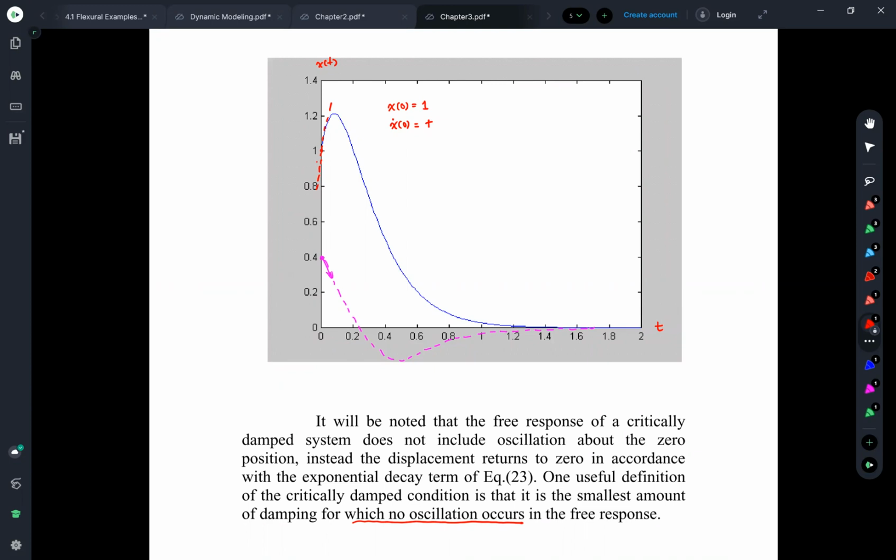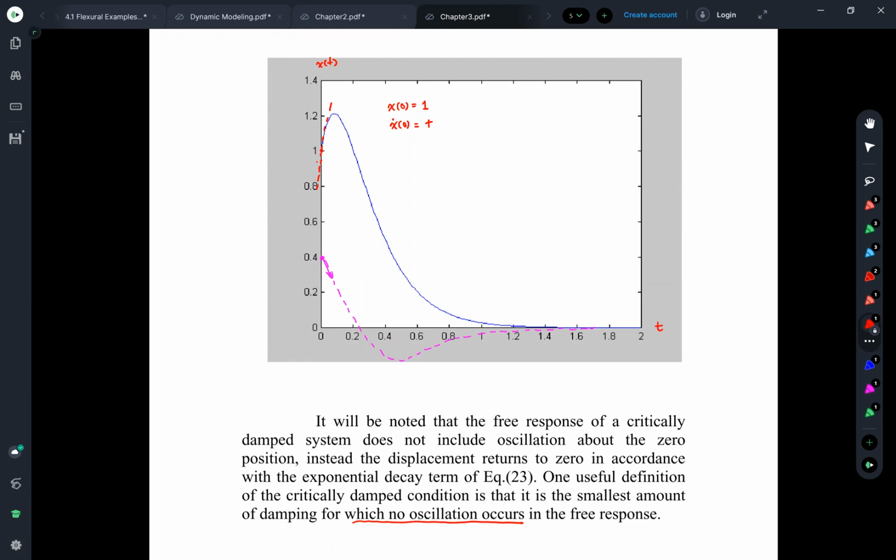But when I say no oscillation, it doesn't mean your displacement is always the same sign for all time. For example, in the blue line, you can see that x is always positive. Your displacement is always positive in the blue line plot.